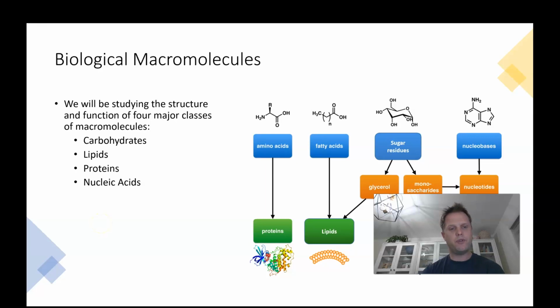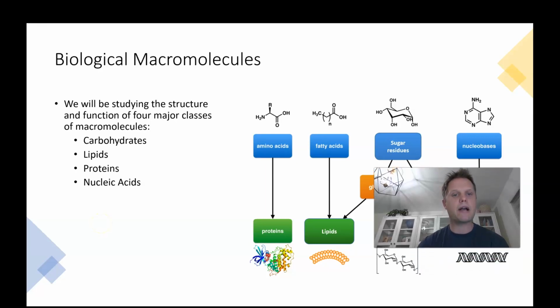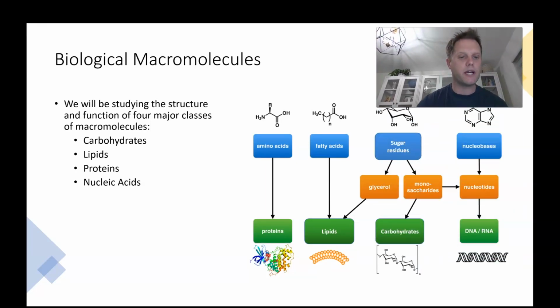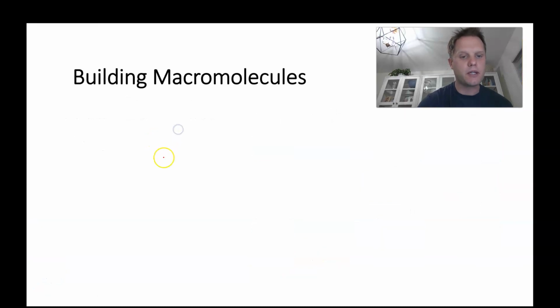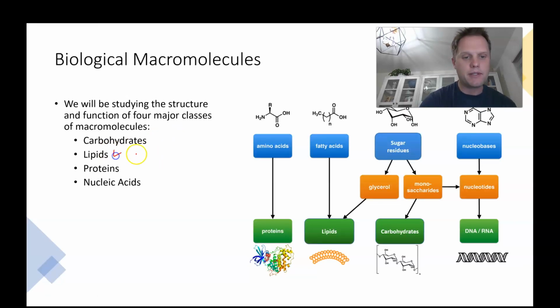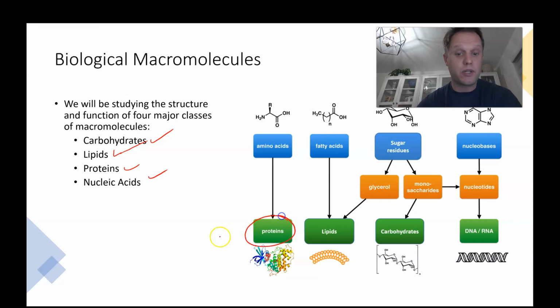So in this first unit, when we talk about biological macromolecules, we're going to talk about four types: carbohydrates, lipids, proteins, and nucleic acids. And again, we'll go over this a bunch of times and you'll learn this, but proteins, that's what you're made of primarily. You're primarily made up of amino acid chains.